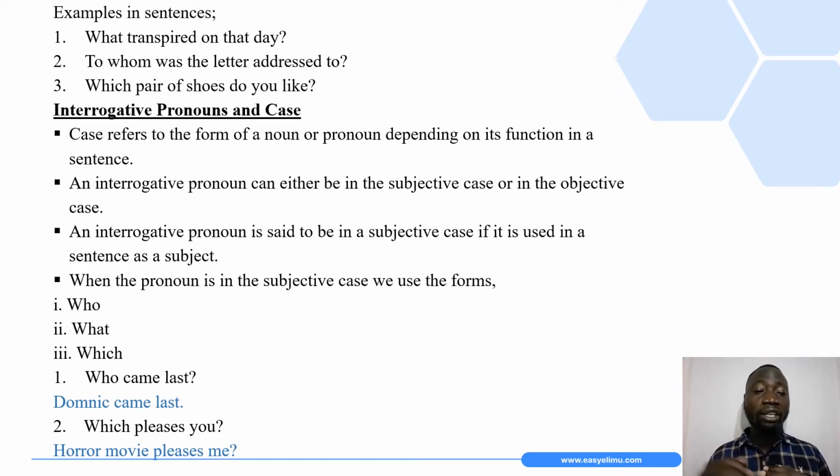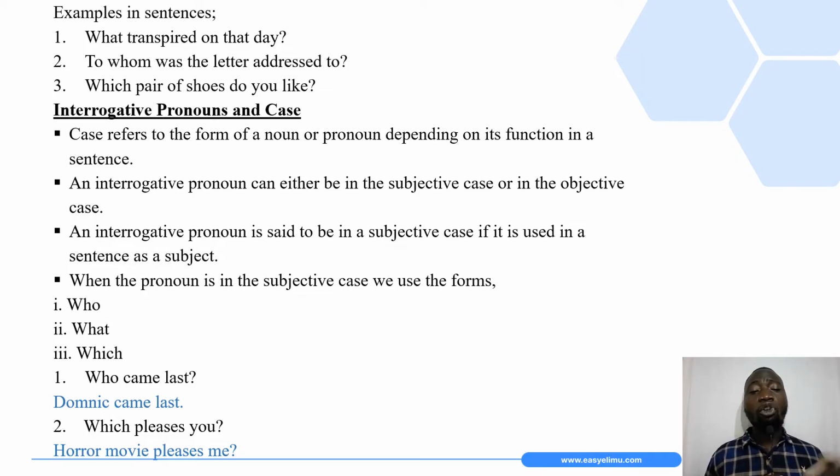Back in Form 3, we learned that in a sentence, a pronoun can be used either in a subjective case or an objective case. Similarly, an interrogative pronoun can either be in a subjective case or in the objective case.